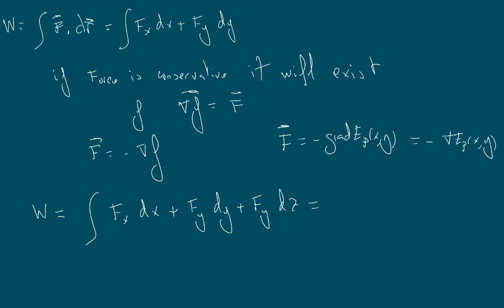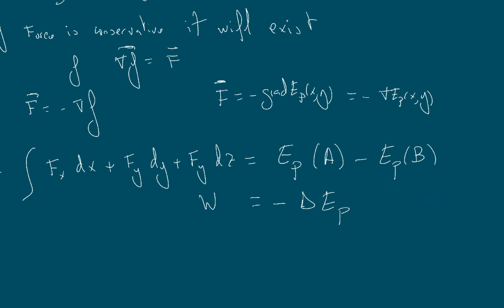if the force is minus the gradient, I can do this calculation using the theorem for line integrals. This will be E sub p of A, initial, minus E sub p of B. So in other words, the work is minus the change in the potential energy. And we saw in other videos that also the work is the change in the kinetic energy.